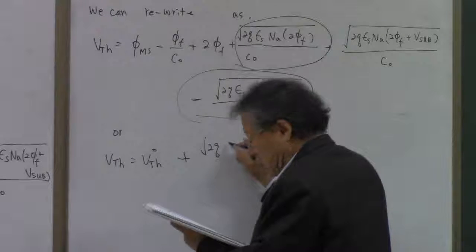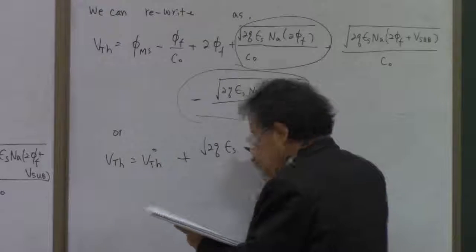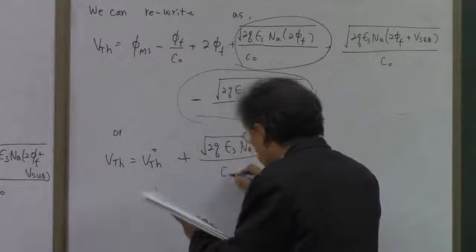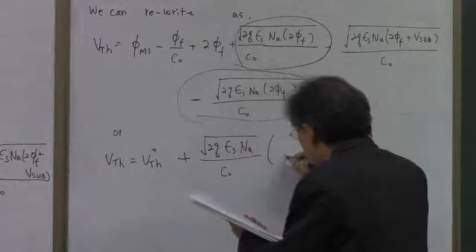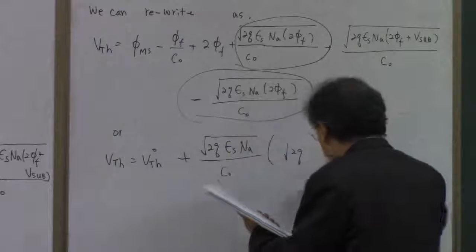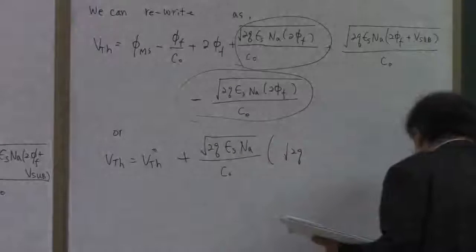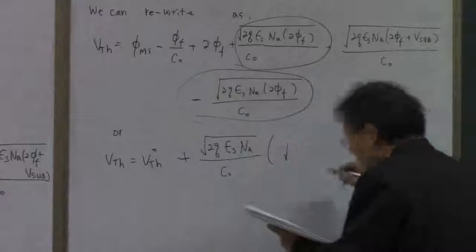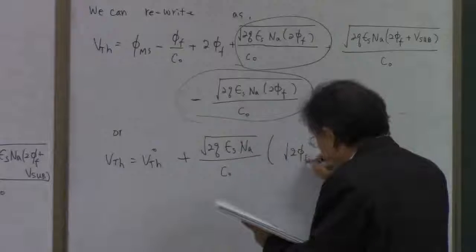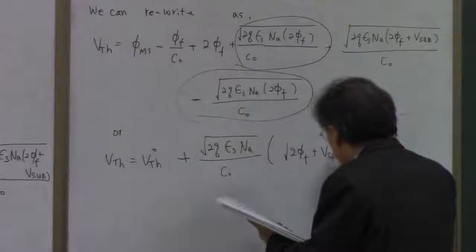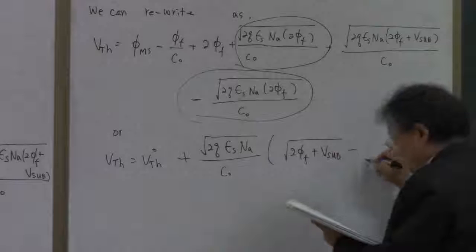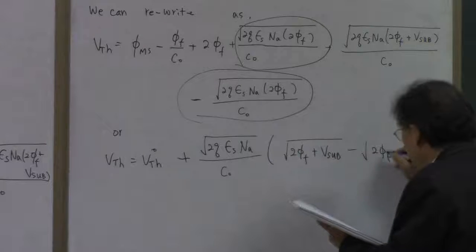And then you can see that 2 phi f plus phi sub minus square root 2 phi f.